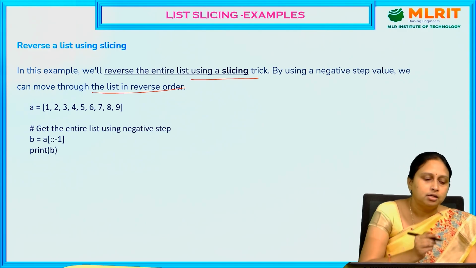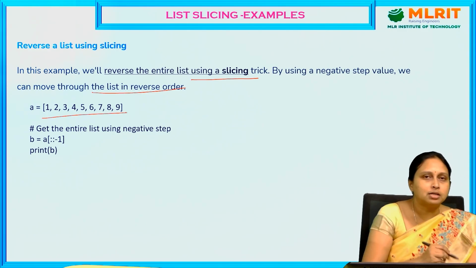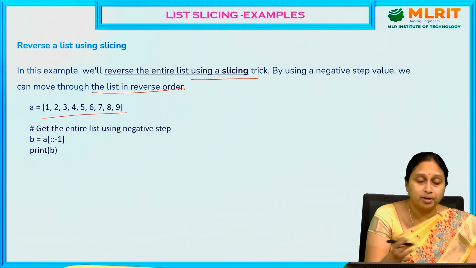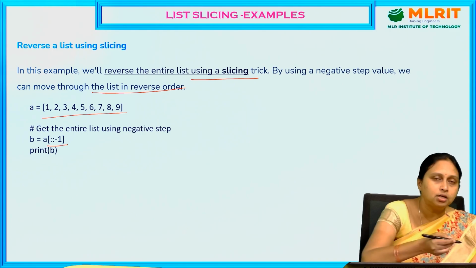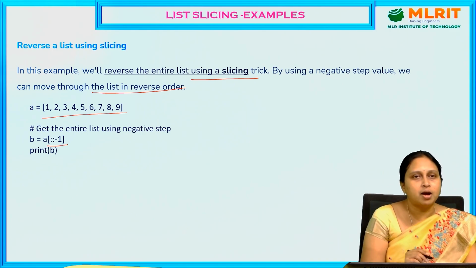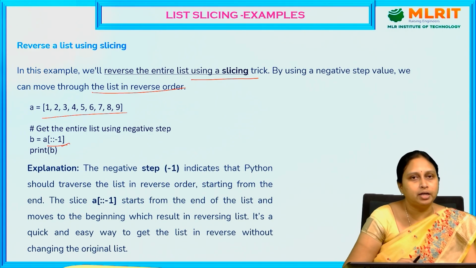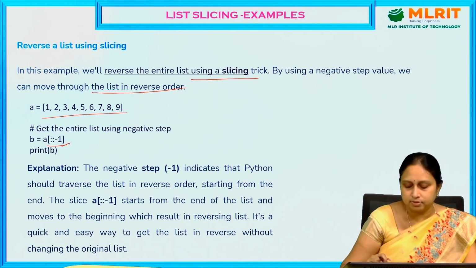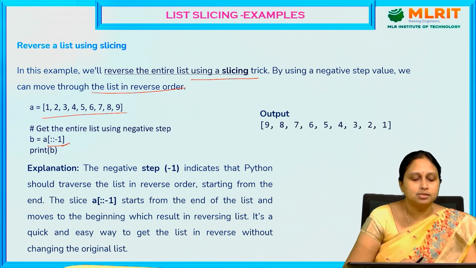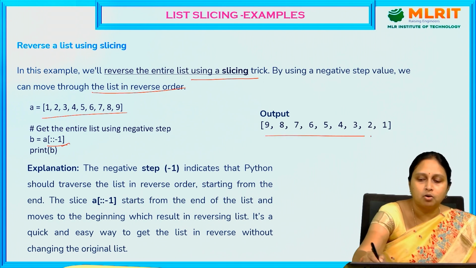If I have a list of elements like this, and I want to print all the elements in the reverse order, we just specify the step as -1 so that it can print all the elements in the reverse order.